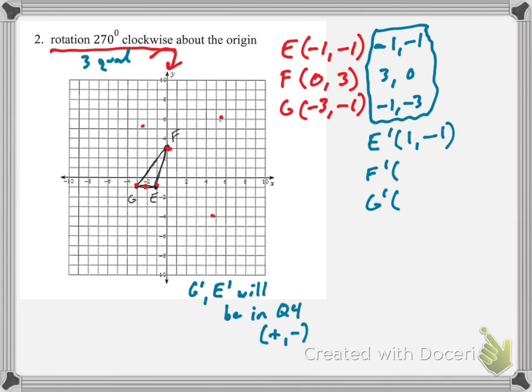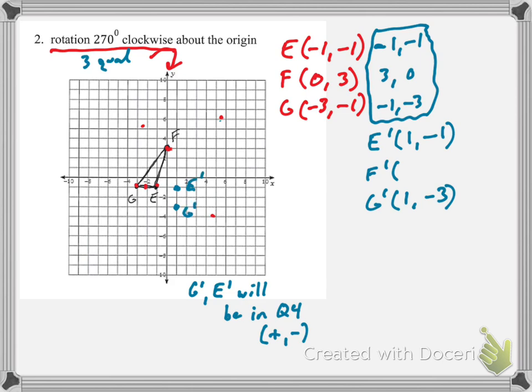And G prime will be 1, negative 3. So that's E prime and G prime.